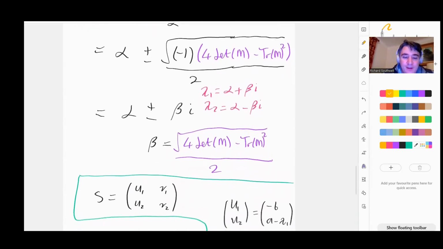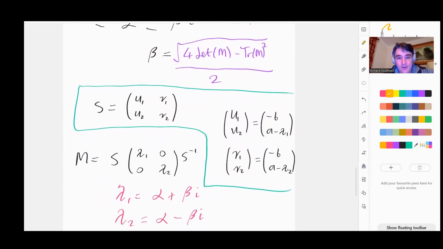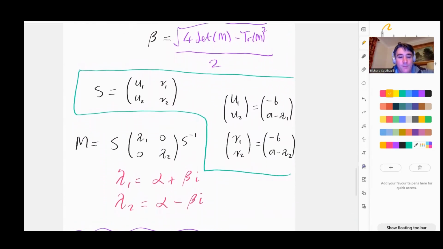And so at this point, we can just apply the same kind of reasoning as we did before. I'll use exactly the same reasoning as in the hyperbolic case, and I know that my matrix M is going to be similar to this diagonal matrix here.